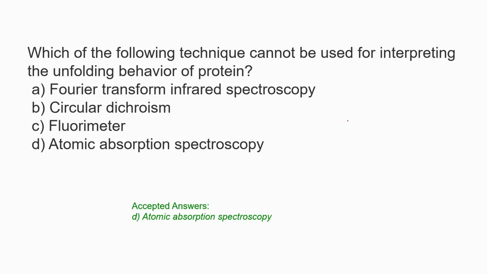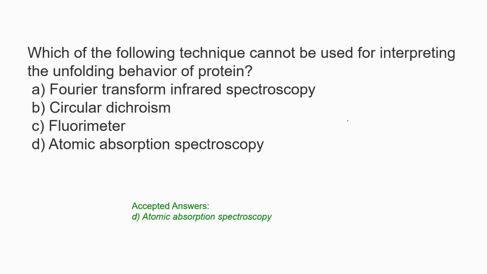And the last one is fluorimeter. So using fluorimeter also we can detect if we have a dye or something that interacts with the folded protein or the unfolded protein. But atomic absorption spectroscopy, basically in this technique, it determines how much of certain elements are present in a sample, and it basically acts on the absorbance of light by different atoms, ions, and molecules.